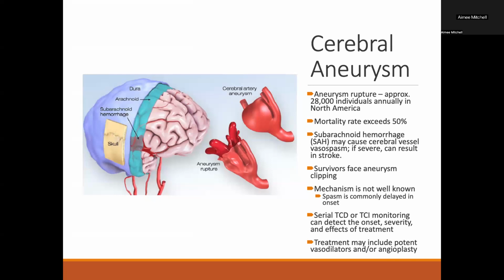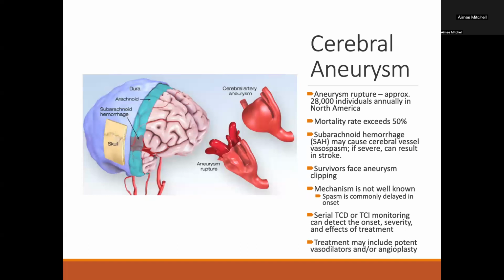The main thing that it can cause is a vasospasm. That's when one of those arteries constricts and it causes distal reduction in blood flow. So patients who do develop vasospasm have poorer outcomes than those who don't. The vasospasm leads to delayed cerebral ischemia.